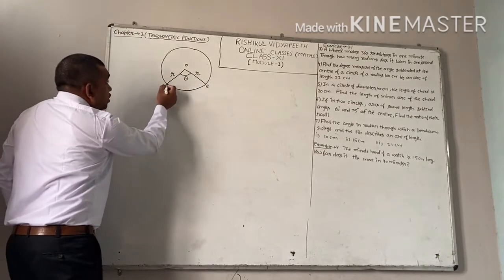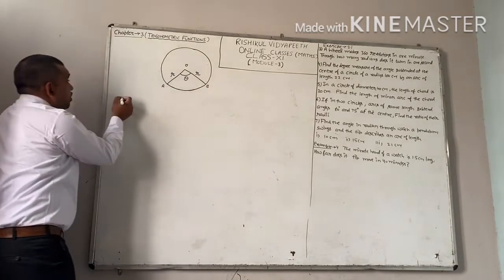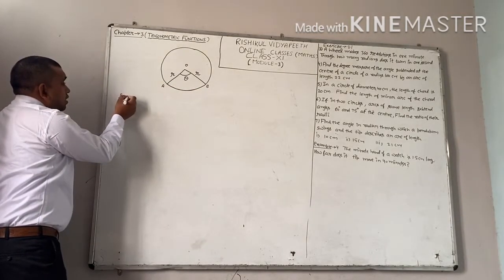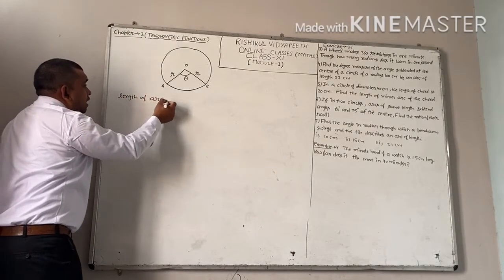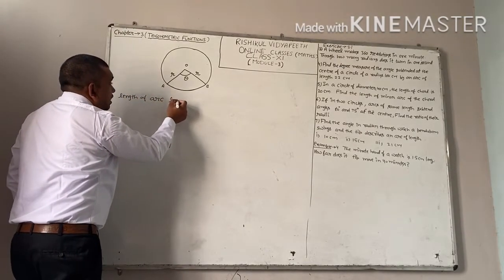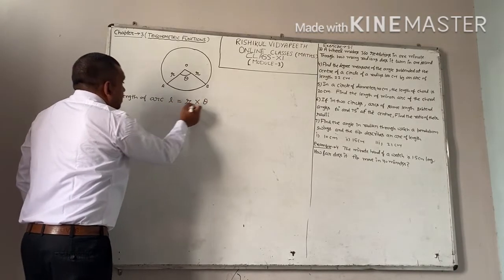Then how can you find the length AB, the length of the arc? Length of arc L equals R into theta.